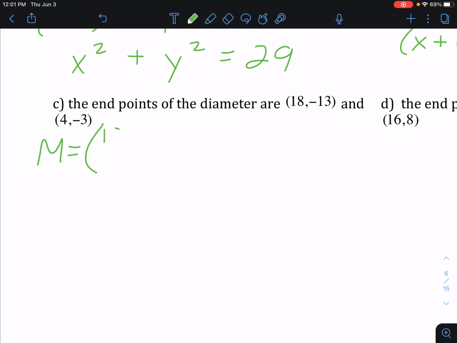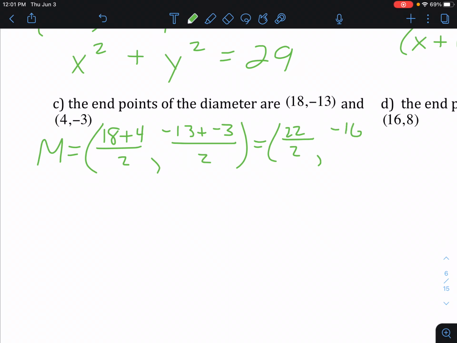So you add the x's, then divide by 2. Add the y's, and divide by 2. So this will be, add them up, add the others, and now we're going to divide by 2. So 11, negative 8.